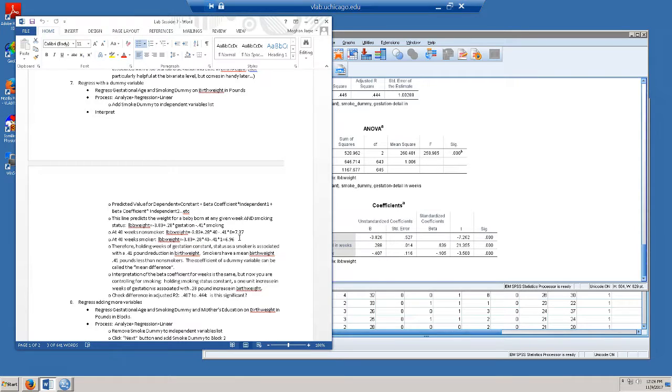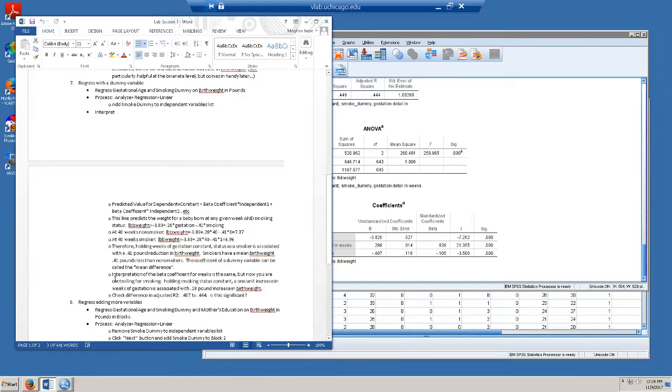You have to run it a different way if you want to see the mean difference between Blacks and Latinos. I don't know if we're going to get into all that, but it can be done. The dummy variable interpretation is mean difference, because a 1 unit change doesn't mean anything. That's why it's a different language that you use for that interpretation.